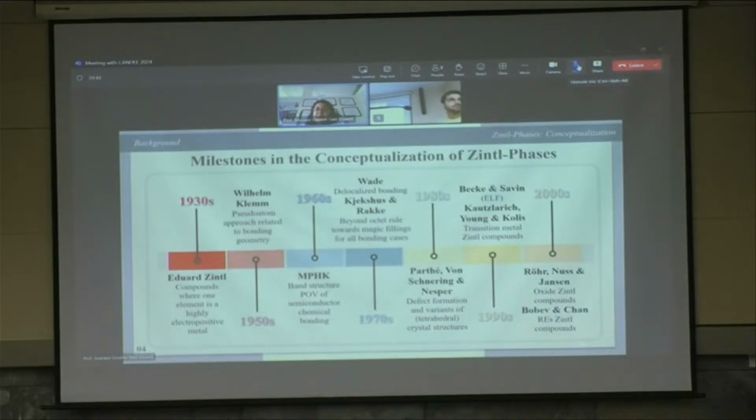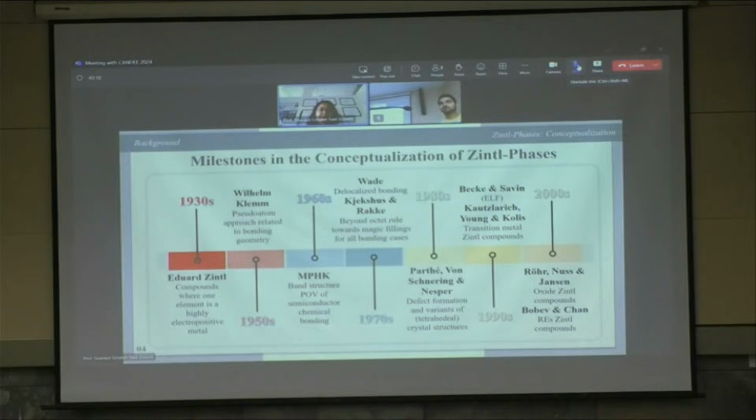So basically, the introduction about the concept of interface: Edward Zintl, around 1930, was able to find compounds with highly electropositive elements combined with metals, and he found that they have special properties, especially the structure playing an important role to tune the properties, physical and chemical.